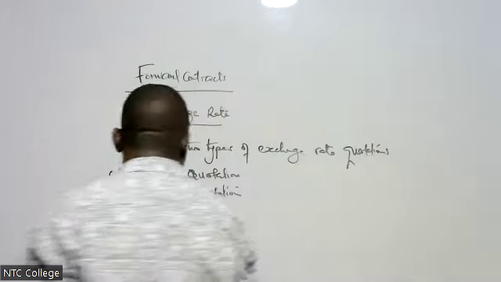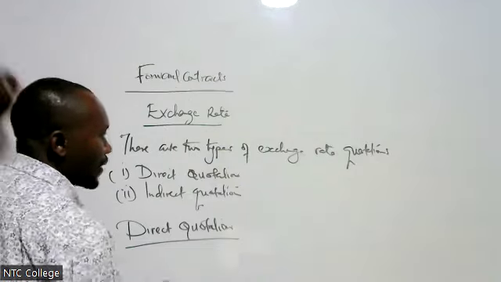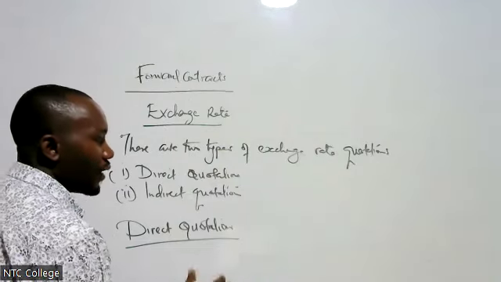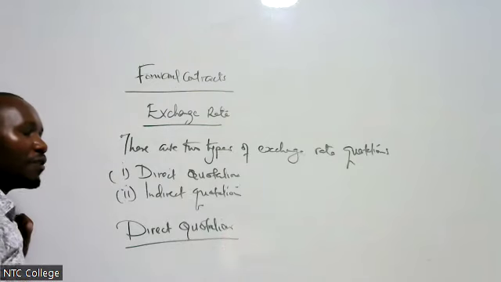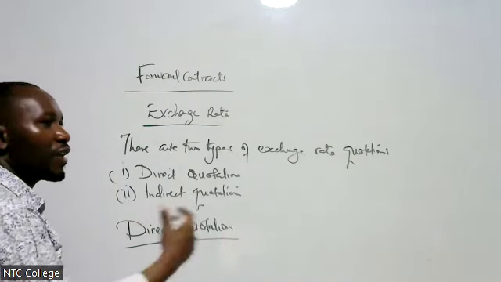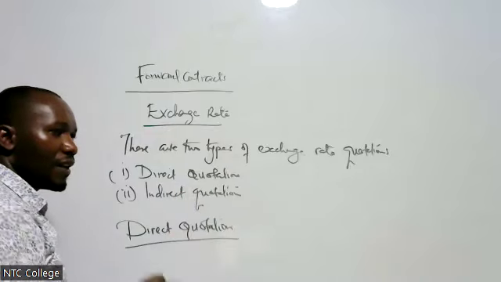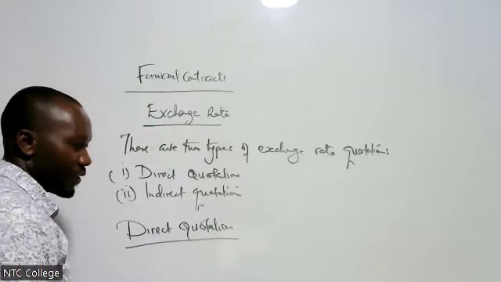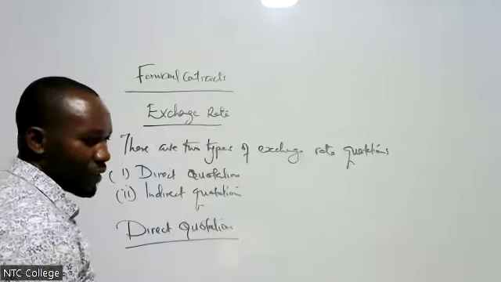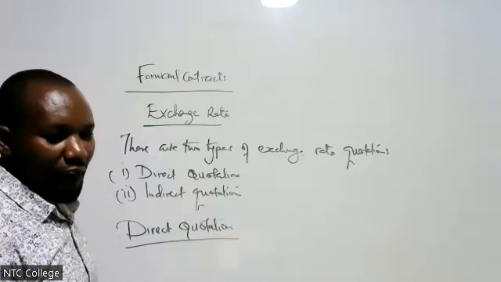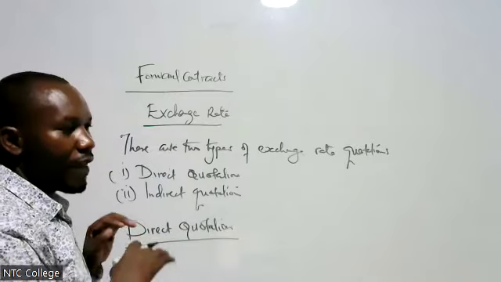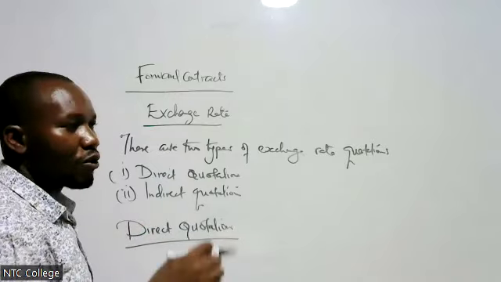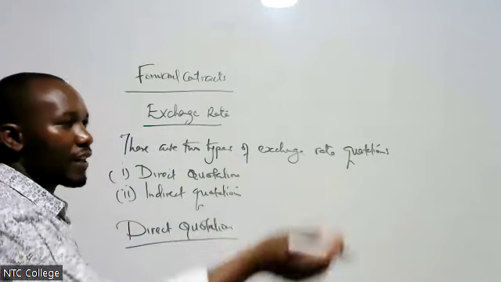For example, home currency, the amount of home currency that you require, how much Kenya shillings. If you are in Kenya, you say that you need how much Kenya shillings to get $1 US. Now, US dollar is 1 unit. It is per US dollar. And so you need to know how much Kenya shillings, which is the home currency, you require to purchase or to get 1 unit of the foreign currency.